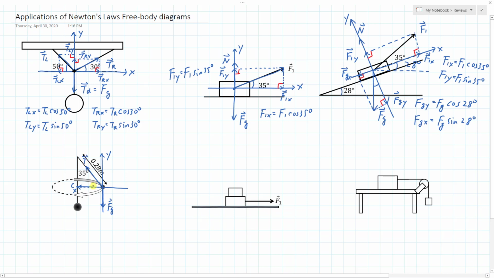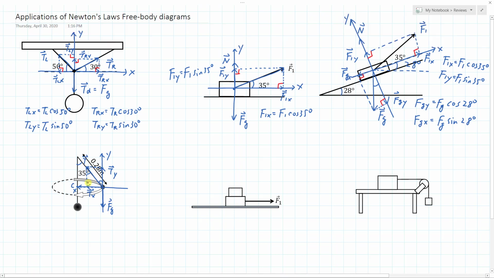Tension is not along x or y, so we decompose tension. So this quantity is Tx, and this quantity here is Ty. There's an angle involved. This is the 35-degree angle. So that makes this 35 degrees, also this angle 35 degrees.